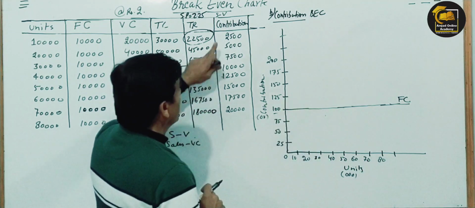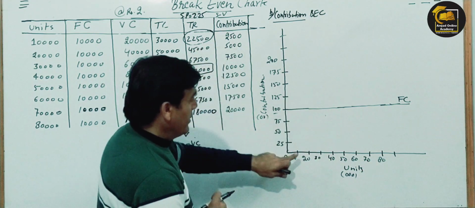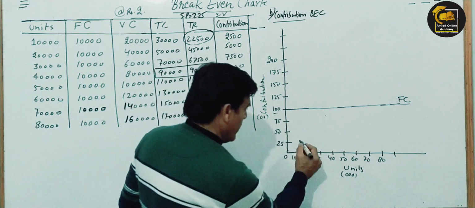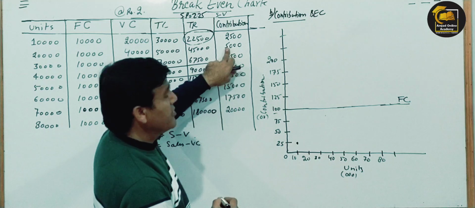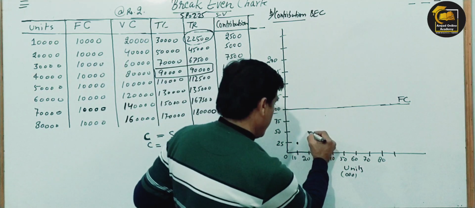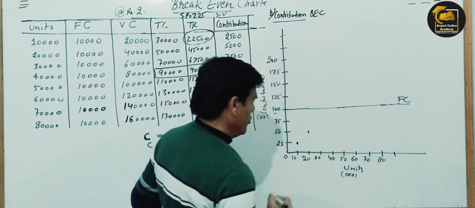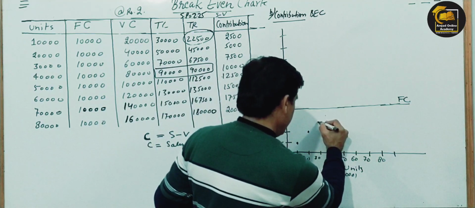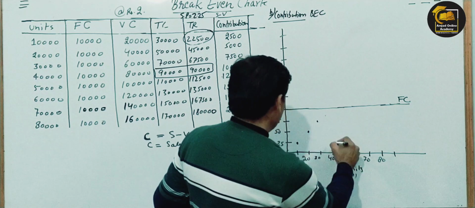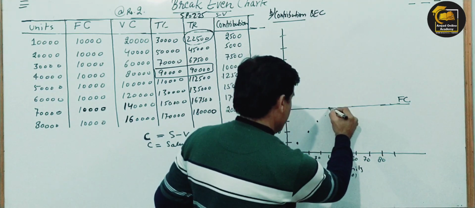Here it has come. Now again, the time of drawing the contribution. At 10,000 the contribution is 2,500, exactly here. At 20,000 the contribution is 5,000. Again you are going to put the point here, 7,500, the dot here at 7,500. It is now here.